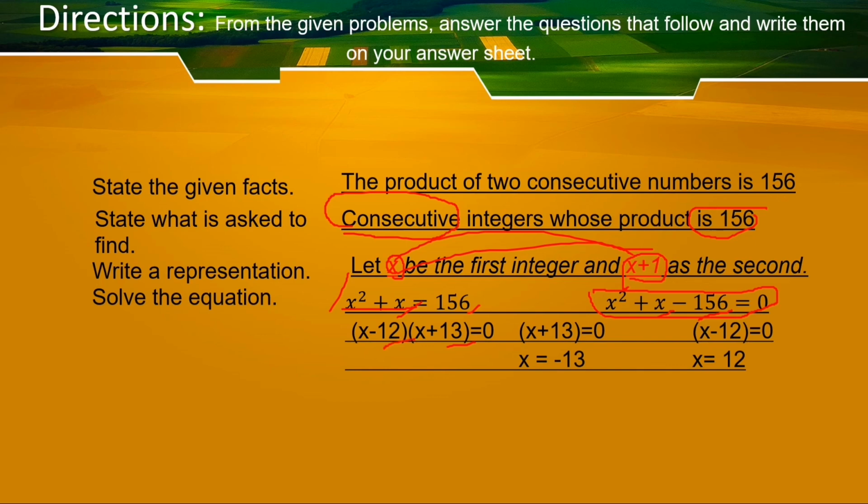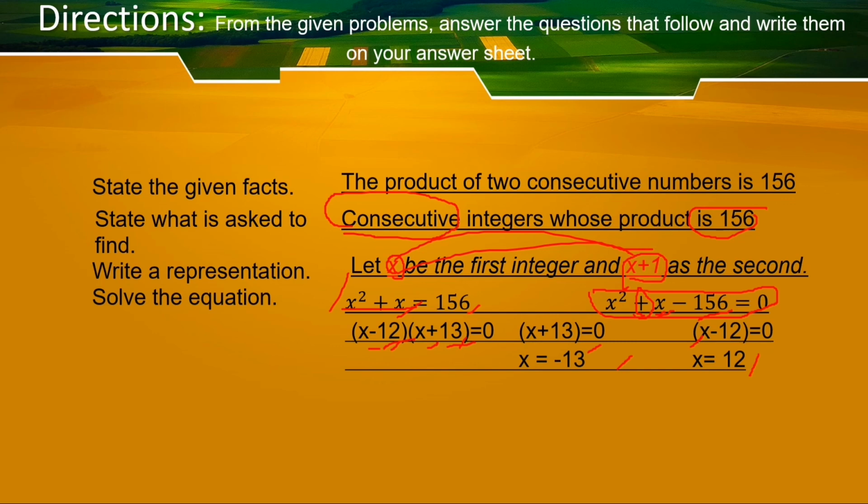You will always observe that the greater number would take the plus sign and the smaller number always take the negative sign in this kind of problem since your middle term is positive. Take note of that. Then you have to equate the factors to 0 and you will get the values of x as negative 13 and 12.